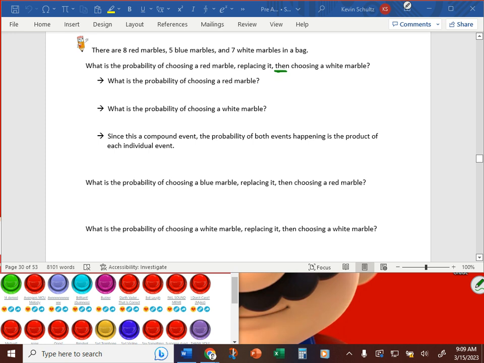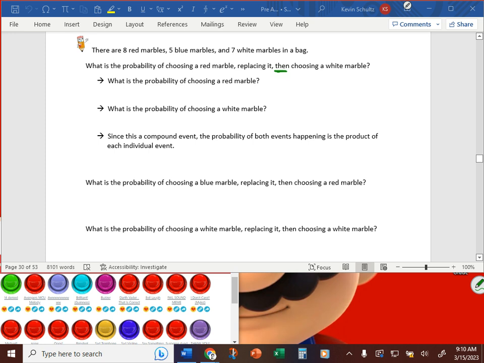The word then is your cue that you're dealing with compound probability, because then indicates order. First this happens, then this happens. So you've got two individual events here that are being put together: choosing a red marble, then choosing a white marble.